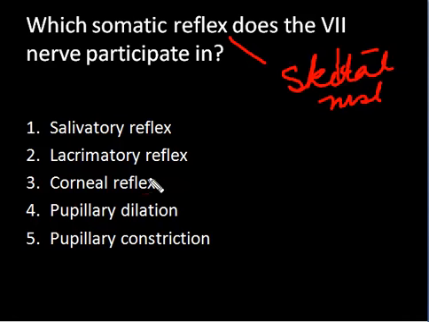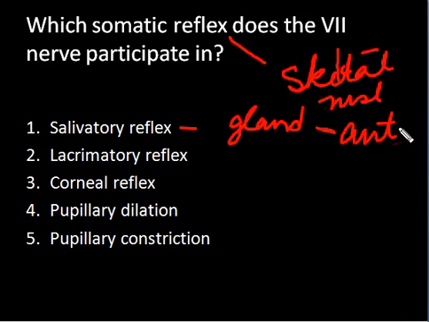So let's look at all the reflexes which have been given here. So we have the salivatory reflex, which means salivation from the salivary gland. So this is a gland. Glands always are autonomic reflexes. Lacrimatory reflex again is through the lacrimal gland. So again, it's autonomic.